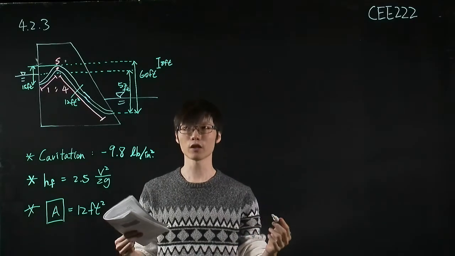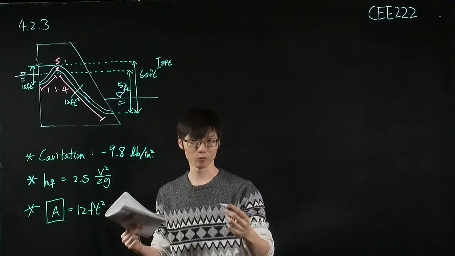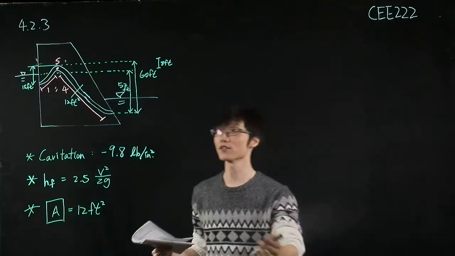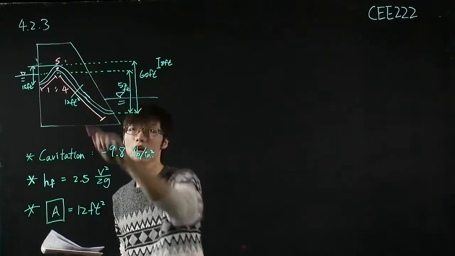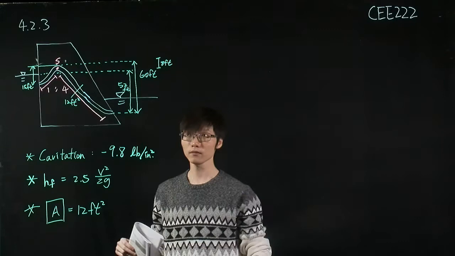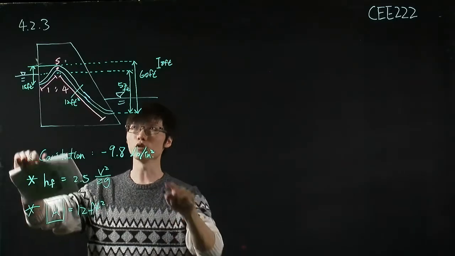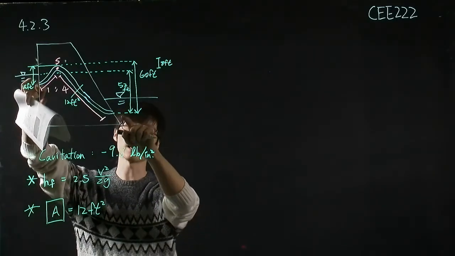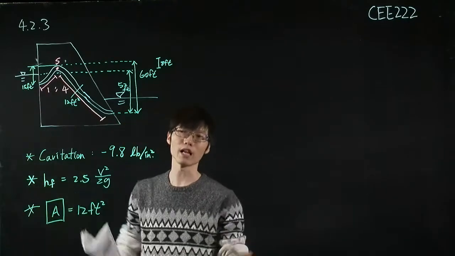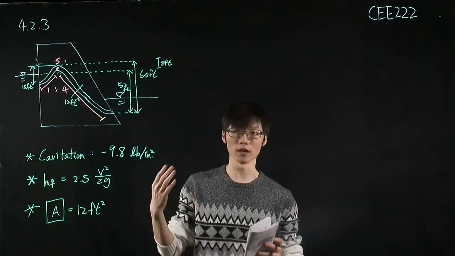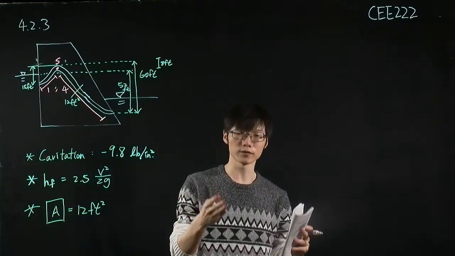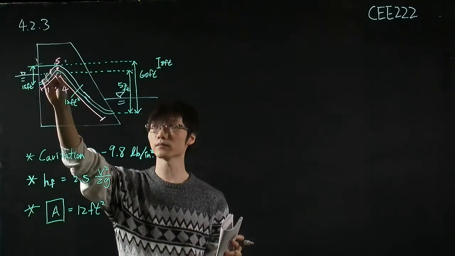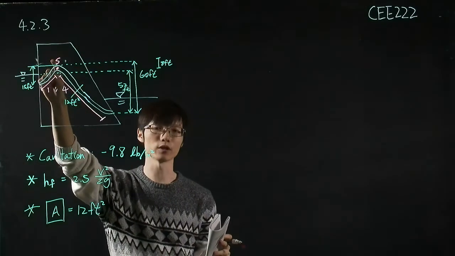So what else can we use? We can first use the entrance and exit with the energy equation to solve for velocity. Then we use that velocity to solve the pressure at this point.